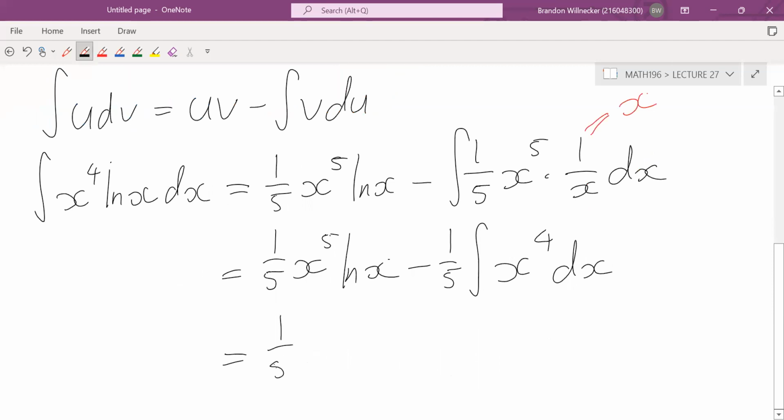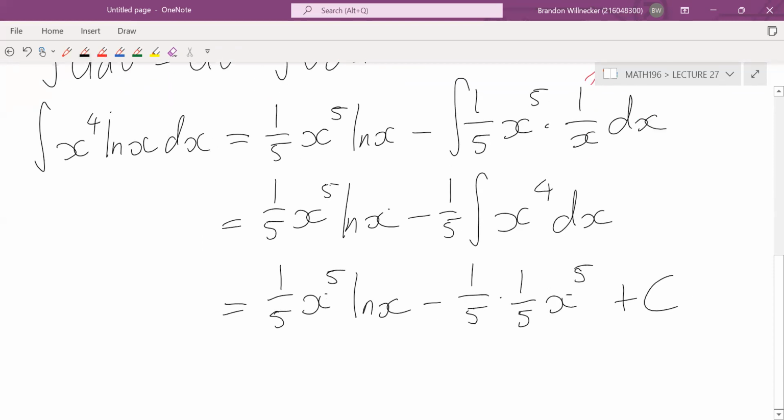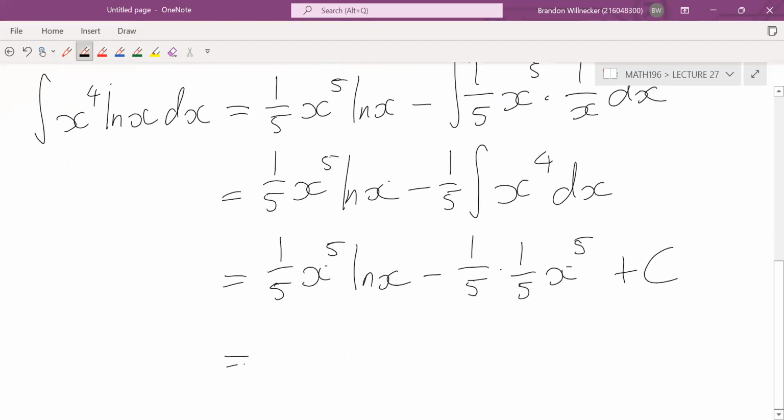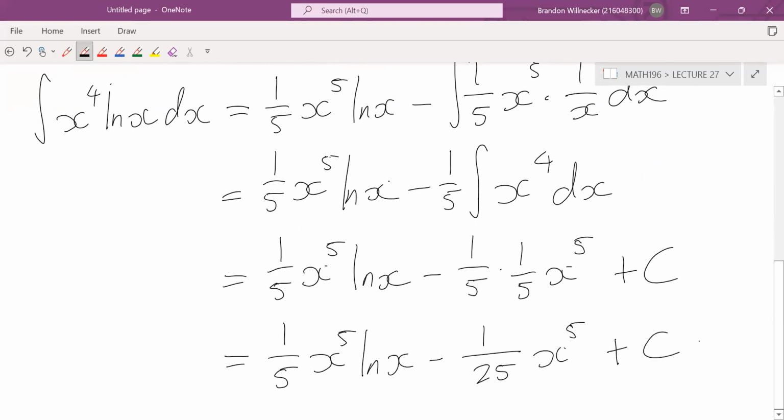We're going to get 1/5 x to the 5 natural log of x minus 1/5 times 1/5 x to the 5 plus c. And then 1/5 times 1/5, that's 1 over 25. So we get 1 over 5 x to the 5 natural log of x minus 1 over 25 x to the 5. And then don't forget your plus c.